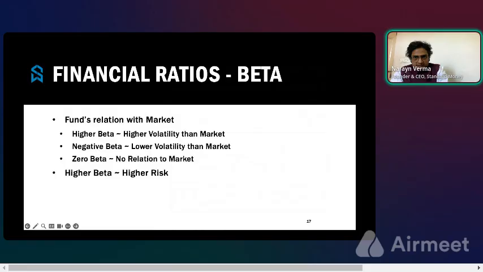Beta is another factor which represents the relationship of the portfolio with the market. If the market is rising 1% in a day, how much is the portfolio value changing? That's represented by beta. A higher beta will obviously represent a portfolio that is more volatile than the market. For alpha calculation, we were benchmarking our return based on the risk-free rate.